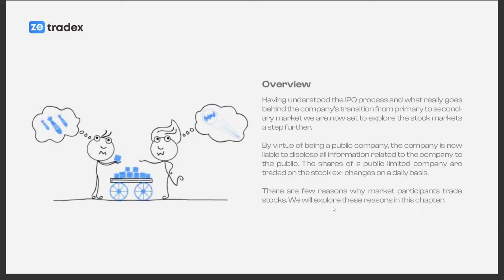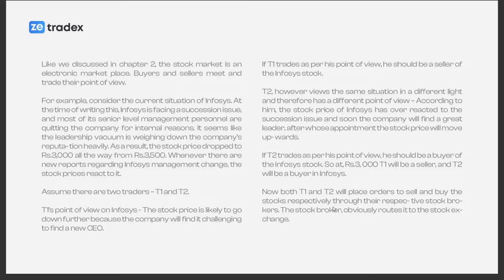Number one, next page, is trades as per point of view. Like we discussed, the stock market is an electronic marketplace. Buyers and sellers meet and trade their point of view. For example, let's consider the current situation of Infosystem at the time of writing this.